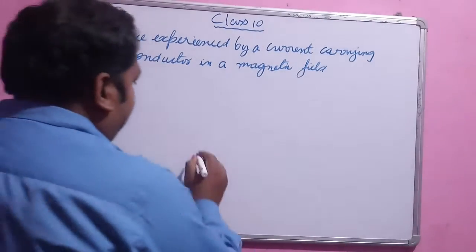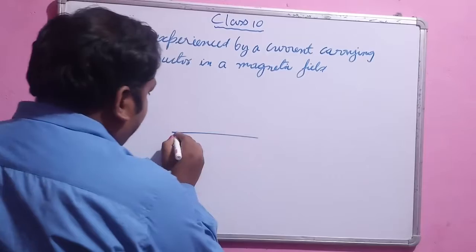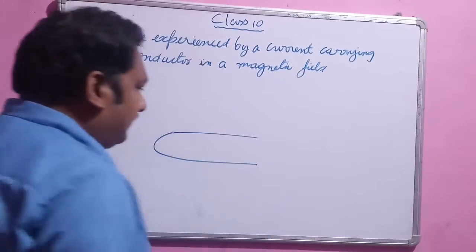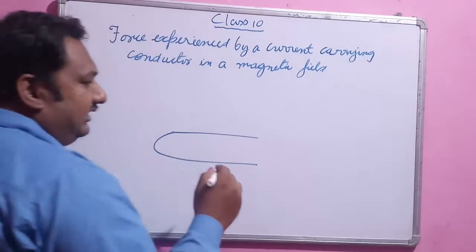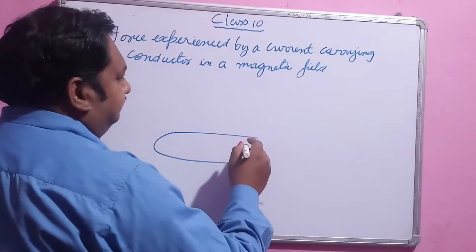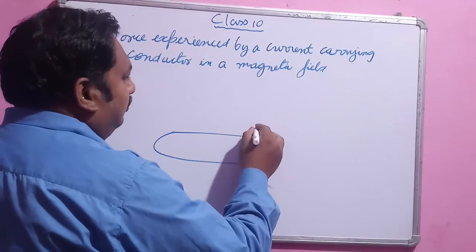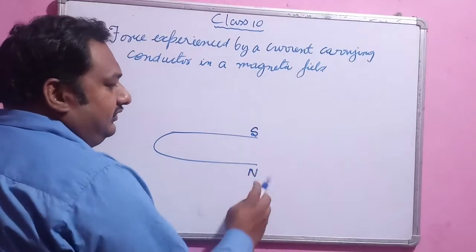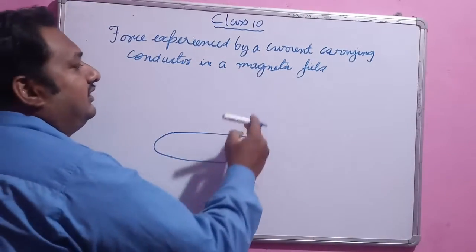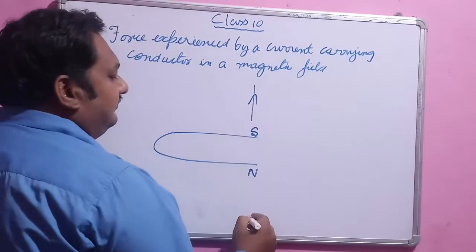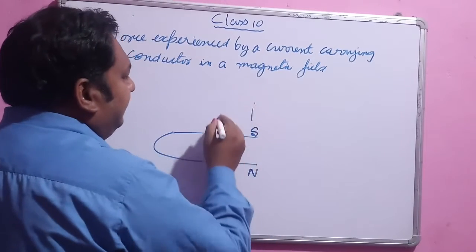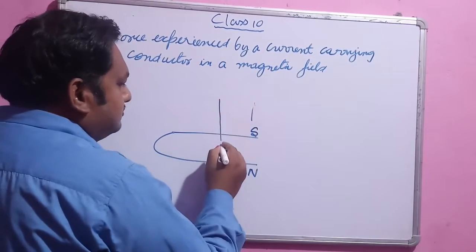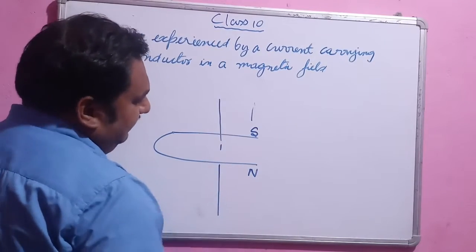Now see student, suppose we have taken a horseshoe magnet, okay, and we apply a vertical field. This pole is the south pole and this pole is the north pole. So the field will go from north to south. This is the vertical field. Now from that end, what we do is we place our conductor.